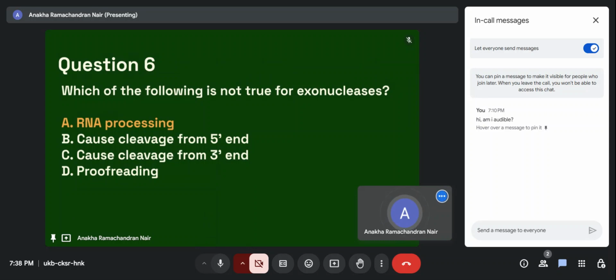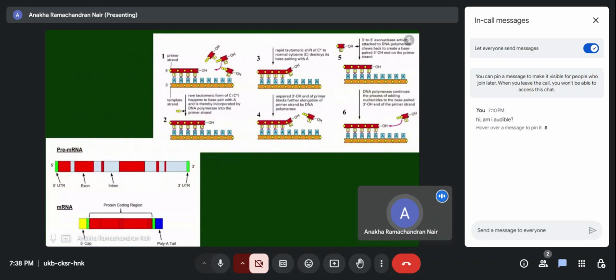They can, because it's not mentioned if it's a 5 prime exonuclease or a 3 prime exonuclease. We can assume that exonuclease is a broad term being used here, and they cause cleavage from the 5 prime end and the 3 prime end, and they are also used for proofreading. So DNA polymerase has 3 prime to 5 prime exonuclease activity.